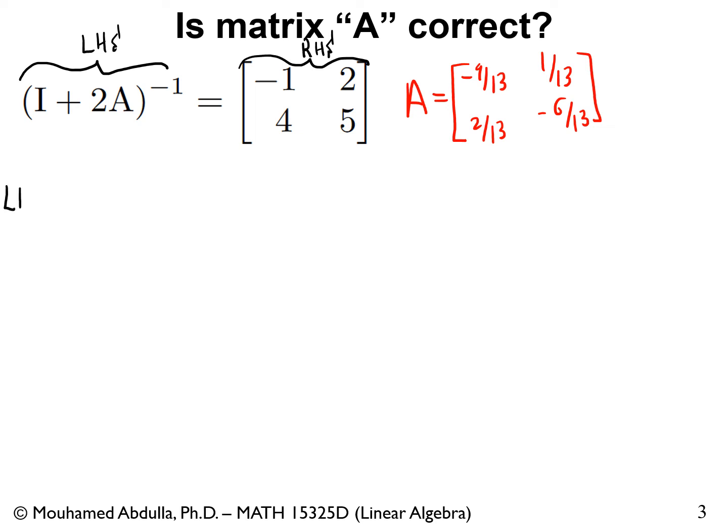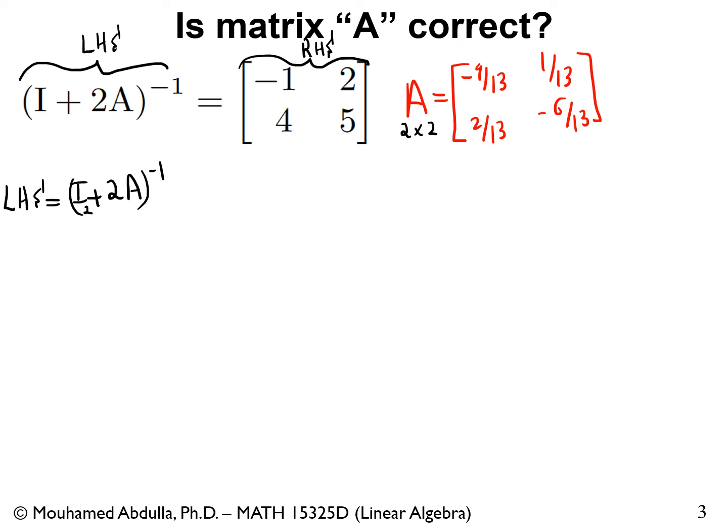The left-hand side is equal to identity plus 2A, inverse. A is a 2 by 2 matrix, multiplied by a scalar 2, so it remains a 2 by 2. The identity has to be a 2 by 2.